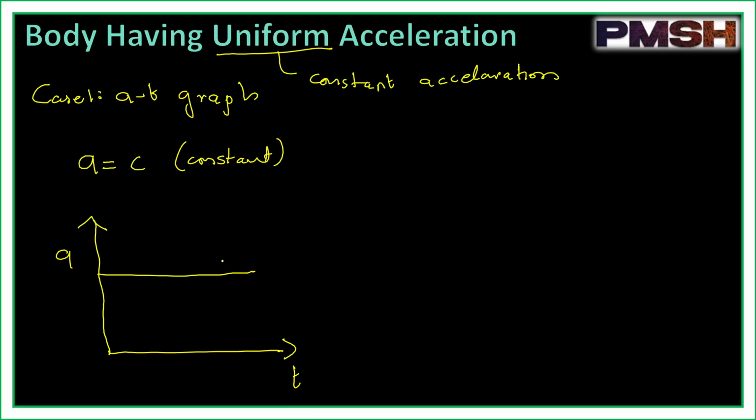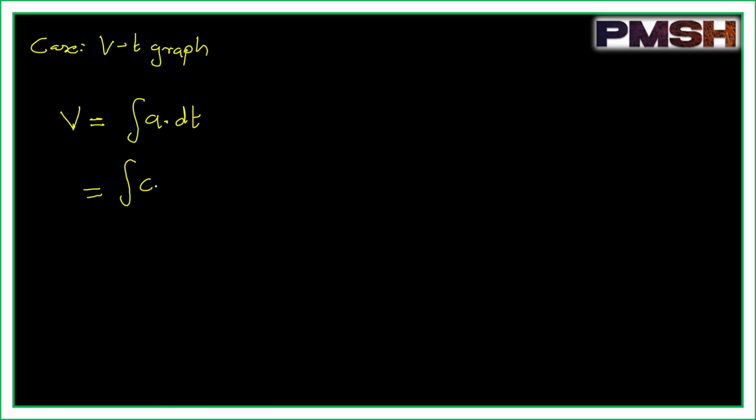Now we will go to the second case. Let us try to draw the VT graph. In order to find the velocity, we have the equation velocity is equal to integral of a dt, and a is nothing but c. So integral c dt.